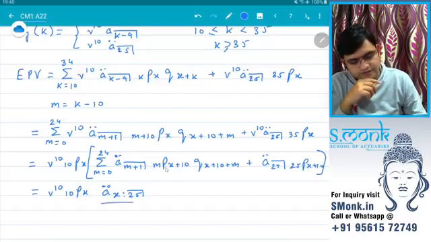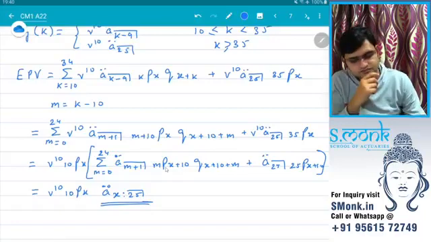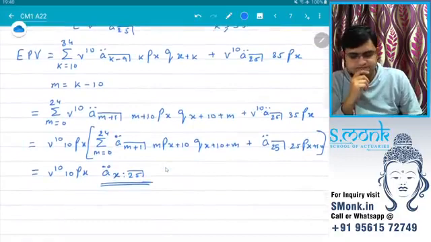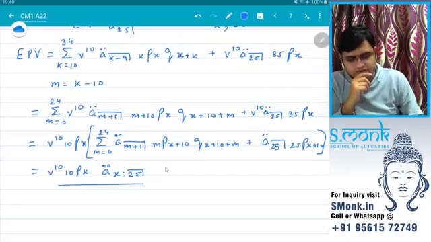This total will make this temporary annuity. Temporary annuity formula. So this is what we'll get.